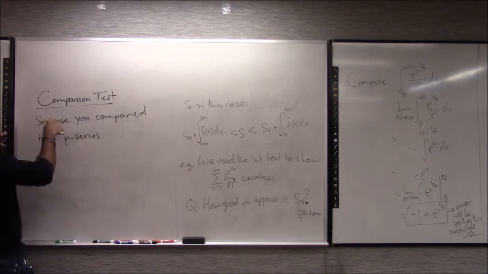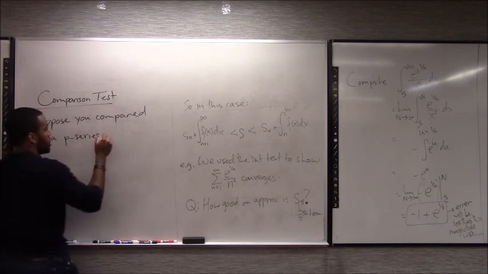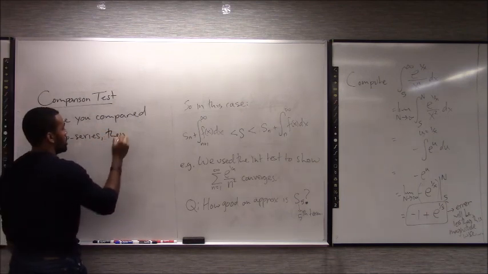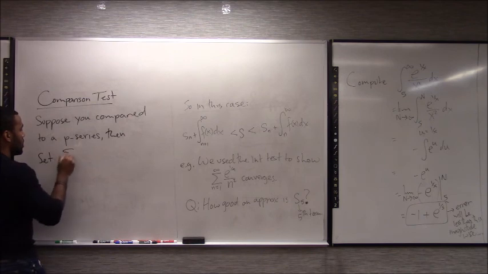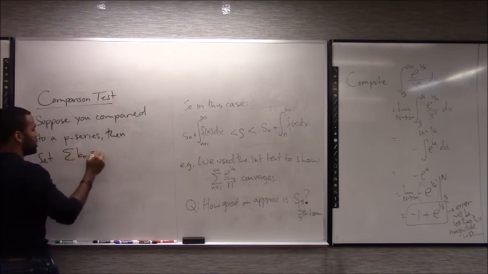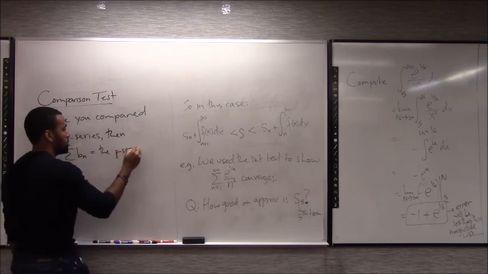So suppose I use a comparative test to show that something compared to a p-series converges. Then set Bn to be the p-series we converge to.